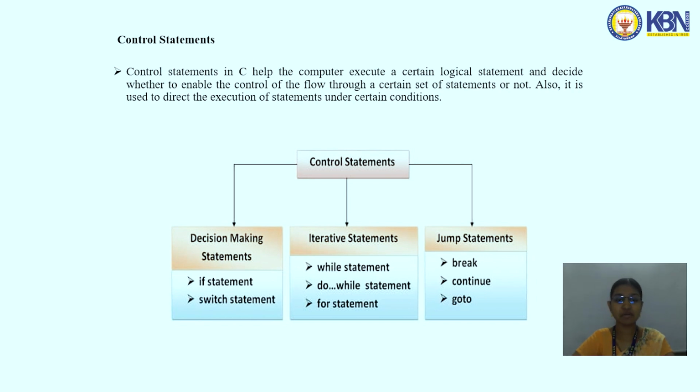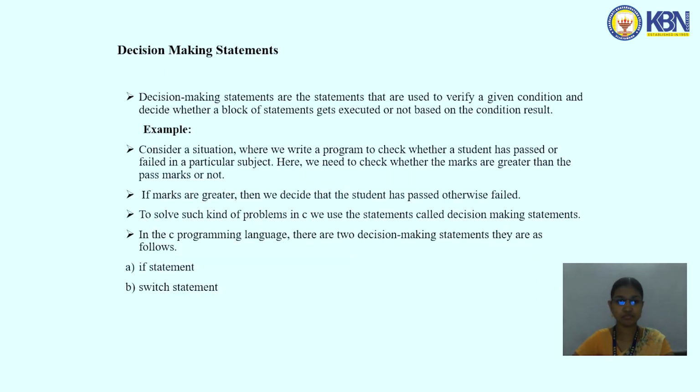These three are also known as looping statements. Another type is jump statements. They are categorized into three types: break, continue and goto, and these three are also known as unconditional statements.